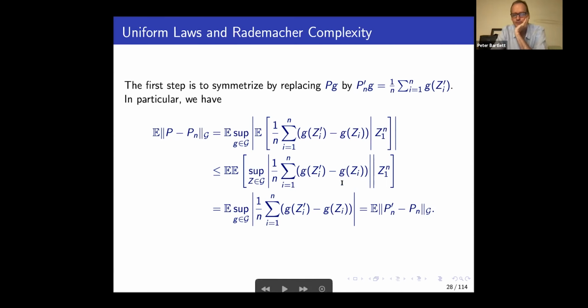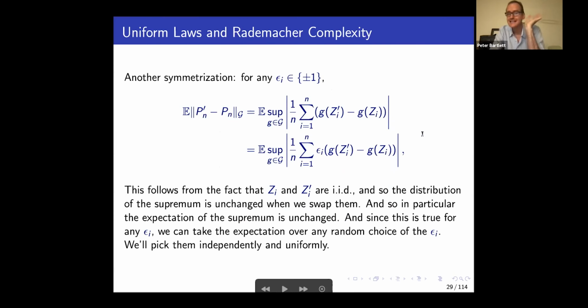And actually, the next step is also a symmetrization step, but here we're symmetrizing the two samples that we have and making them in some sense indistinguishable.